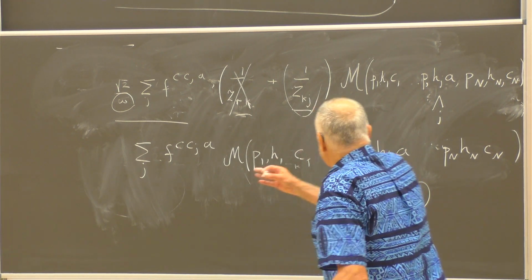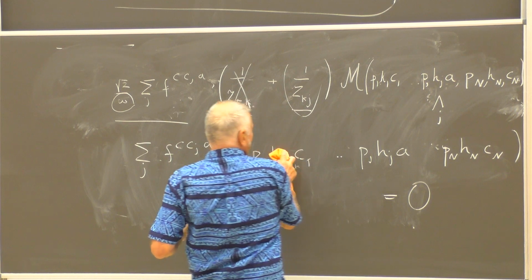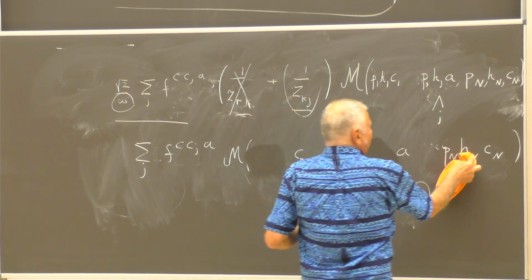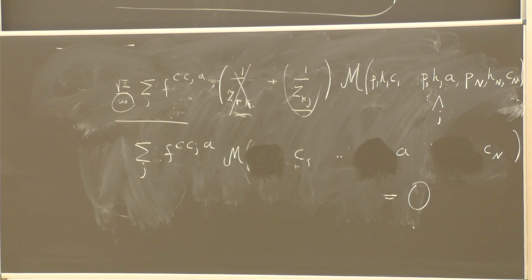Okay, how to get it? How to prove it? This argument is complete. It does not depend on the momentum or helicity. This is a property which deals only with color factors.